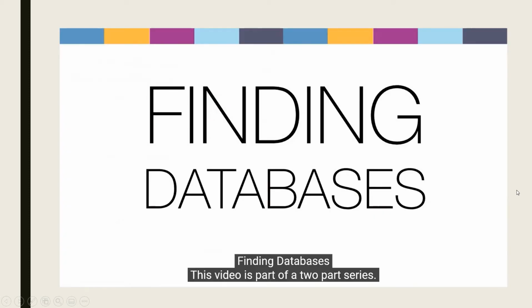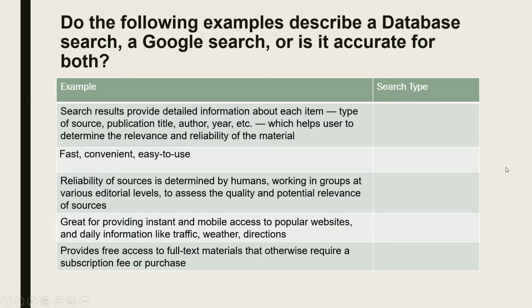So I hope that was helpful in giving you just a quick look into what the library databases are able to give us. Now, let's talk about some examples and see if they describe a database search, a Google search, or is it something that's accurate for both?